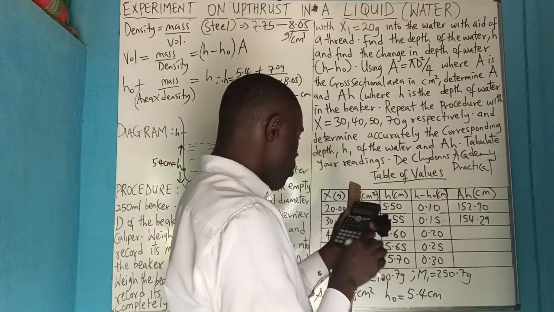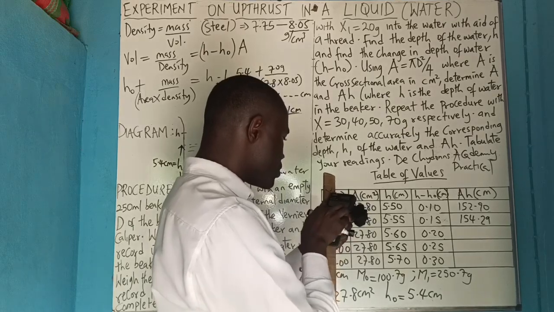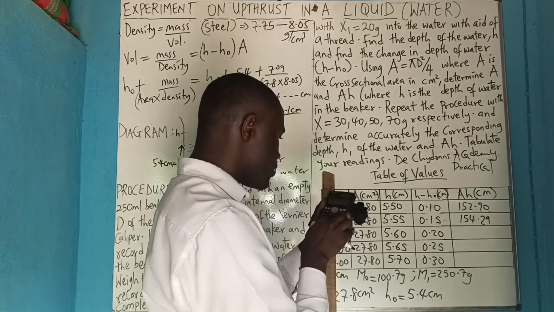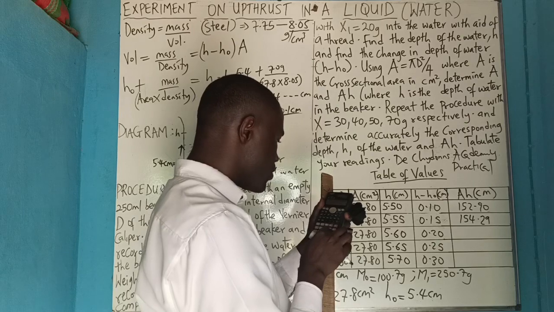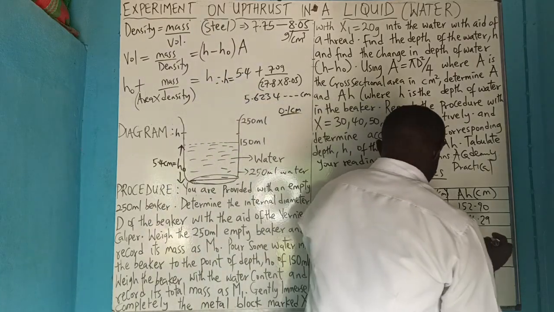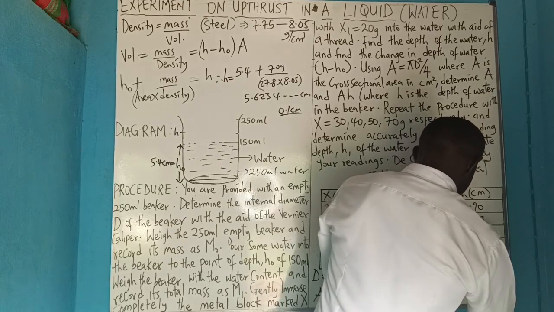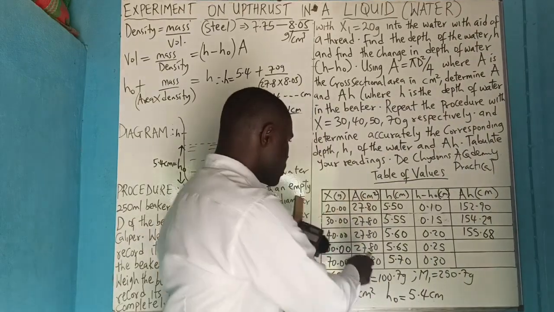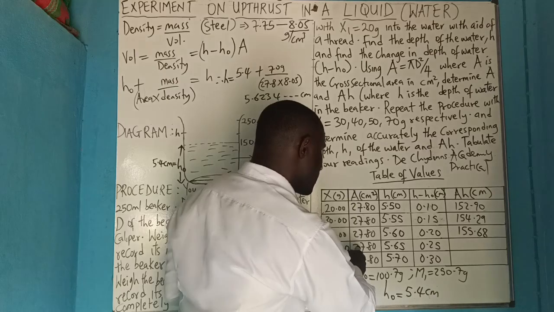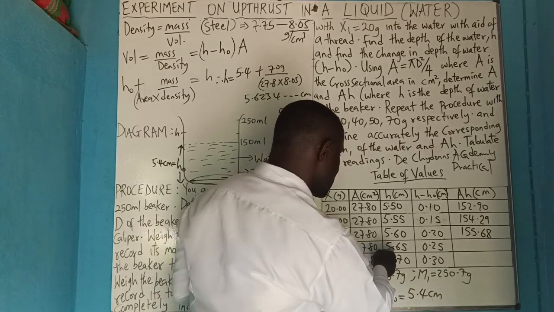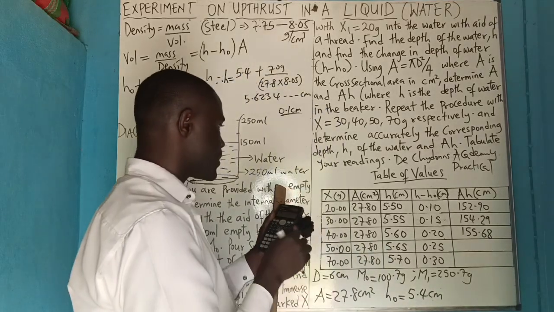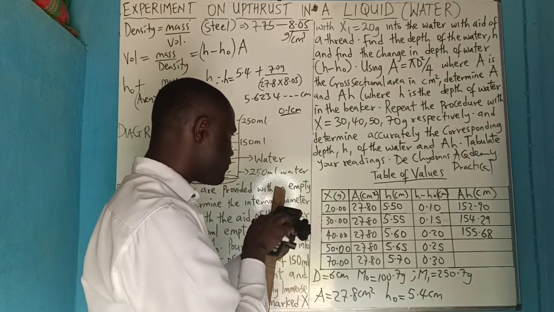Then multiplying again by 5.6, it will give you 155.68. Multiply this with this, 65.